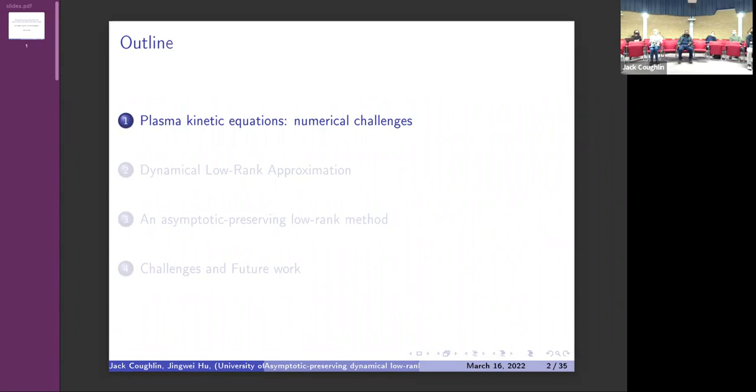Then I'm going to discuss a technique known as dynamical low-rank approximation, which is relatively new and has started to be used for kinetic theory more recently. And then discuss an asymptotic-preserving variation of that and apply it to a sort of model equation for plasma kinetic theory. And then finally, I'll talk about some challenges that still remain and future work that can address those.